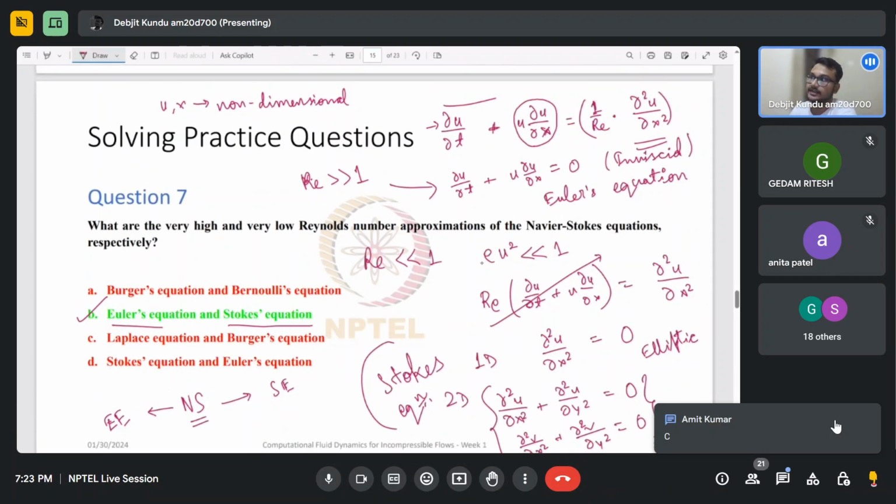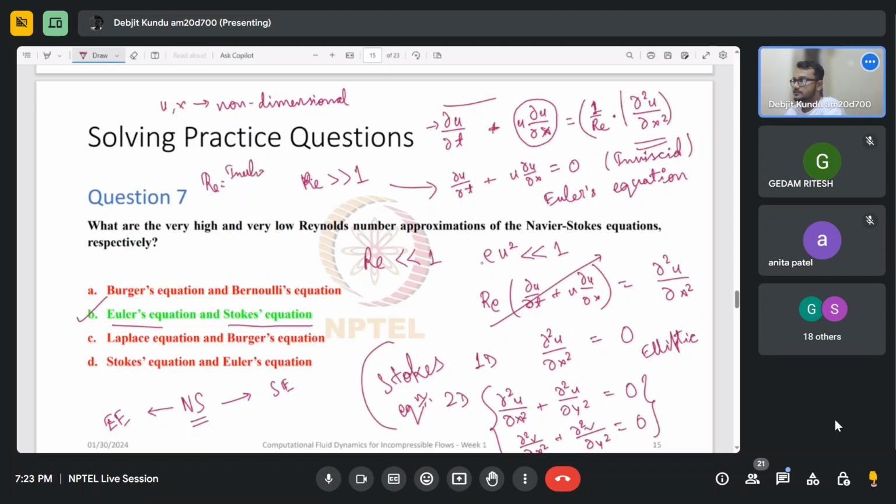Sorry, the second derivative of u, that we ignore, because the idea here is that the viscosity is low. The Reynolds number being very high, what does that mean? The Reynolds number is basically the inertial force by the viscous force, right?